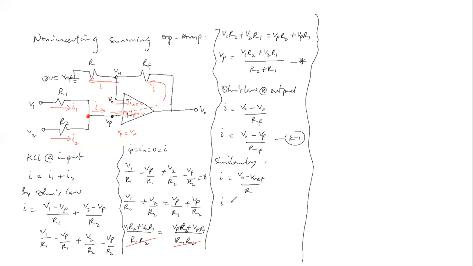So I here will be V sub n divided by R. Let's say this is K2.